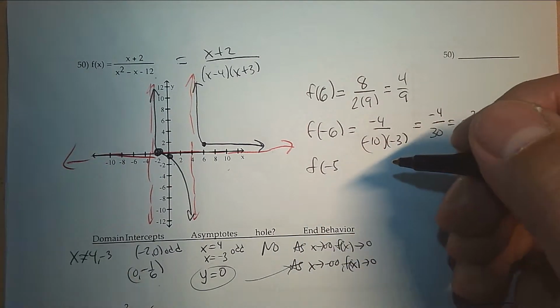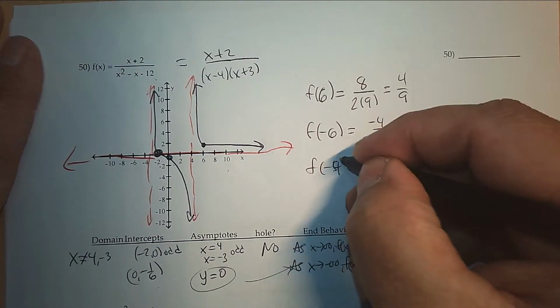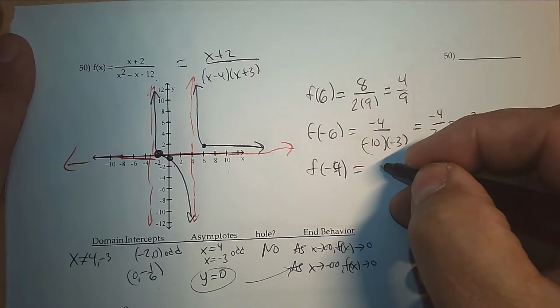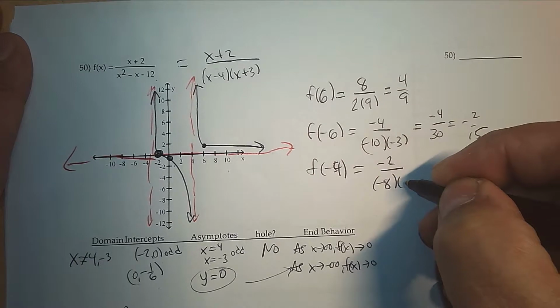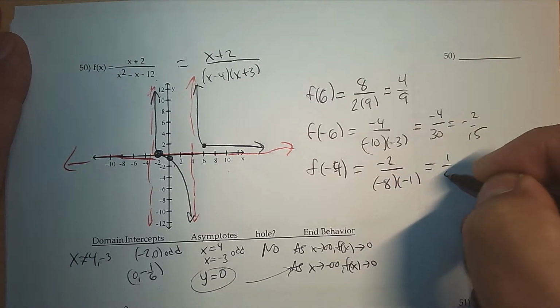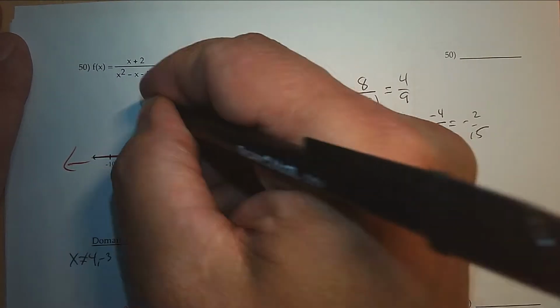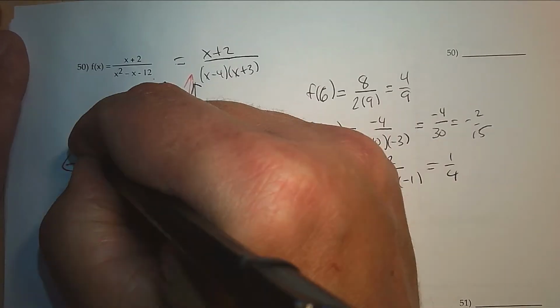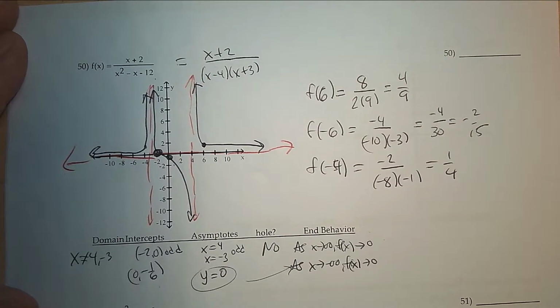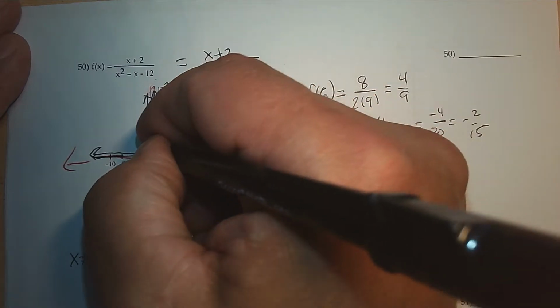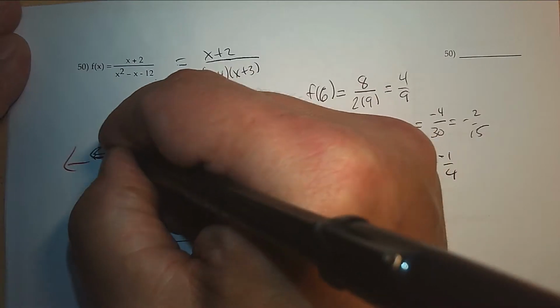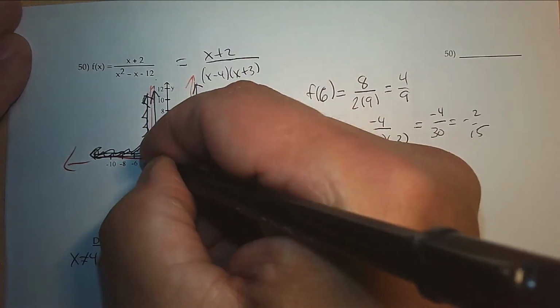It's negative 3, right? I could put in negative 4. So if I put in negative 4, I get positive 1/4. Oh, what am I doing wrong? That's a negative, isn't it? See, even my correction, right? So there.